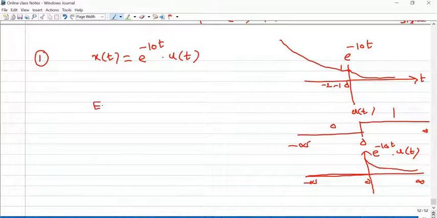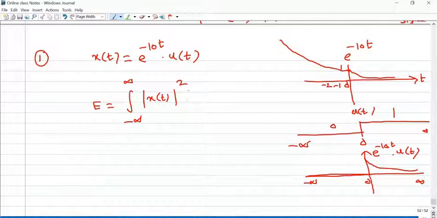For energy, as per the formula, integration from minus infinite to infinite of modulus x of t whole square dt. But in this particular problem, from minus infinite to 0, no information is available, so your integration limit changes to 0 to infinite. What is x of t? It is e power minus 10t times u of t.